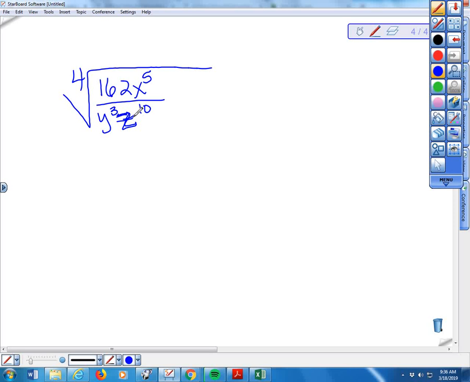4, 16, 32. It's not going to be a perfect fourth. You're going to have to think of a perfect fourth that goes into it evenly. No, that's not 16.